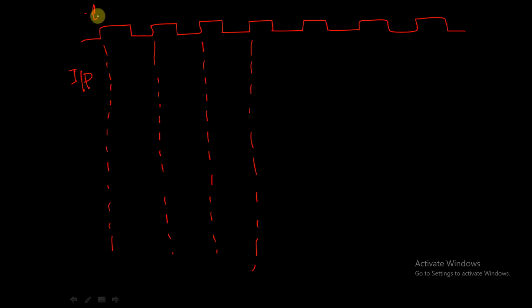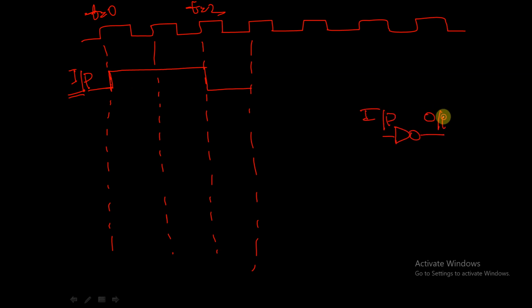Let's say I'm applying my input at time t equal to 0 nanoseconds. So this is my input which I have applied, and I'm changing my input at t equal to 2 nanoseconds. I'm changing 1 to 0. This input I'm feeding to my NOT gate, and I will be checking my output.